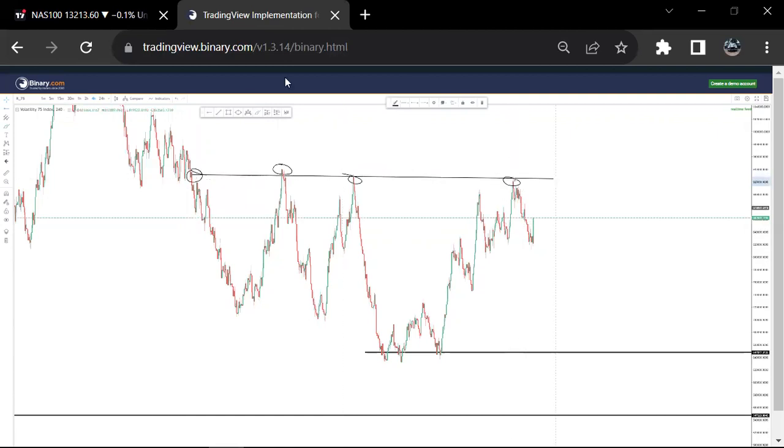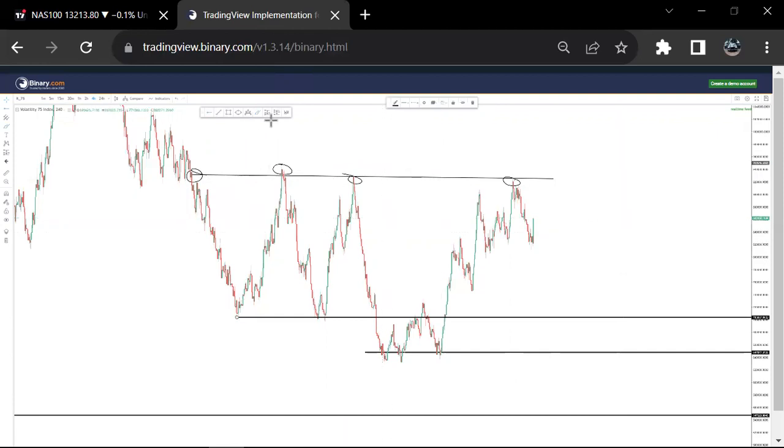When price was reaching a certain level, this level is always the most respected level. But again, price decided to show you a pattern. What kind of pattern is it? It's a head and shoulders pattern. So you just have to wait for price to reach that level. And this is your target, guys.